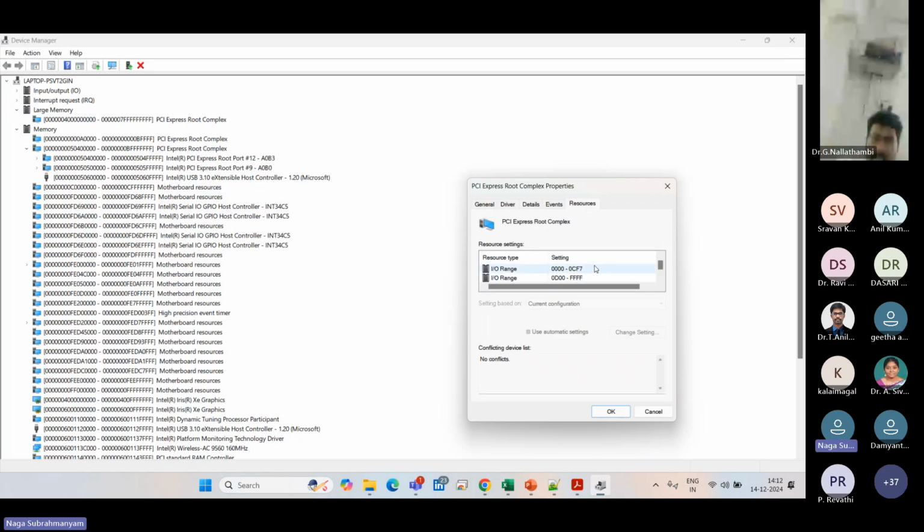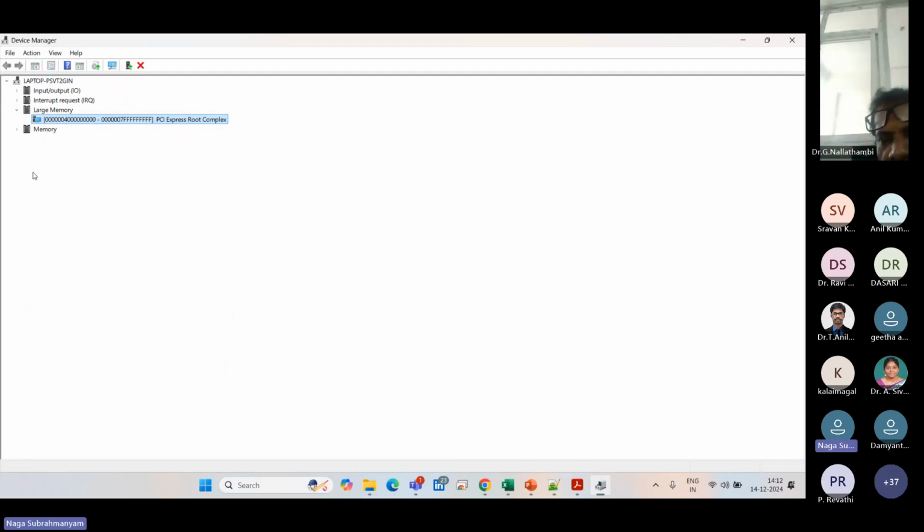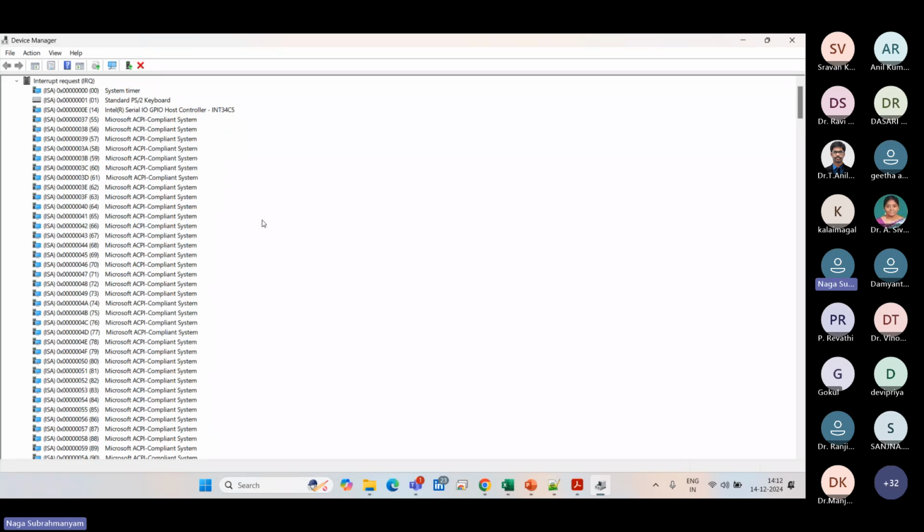See, as I told yesterday, all the devices are mapped in a particular address range, right? So power has to go to that particular part and it has to serve, right? And there are so many interrupt requests also in systems. Means one device is working on one thing. Suppose our processor is working on one thing, all of a sudden some request will come.